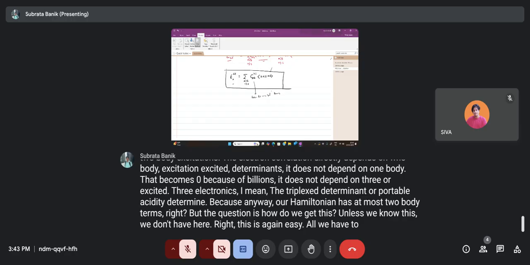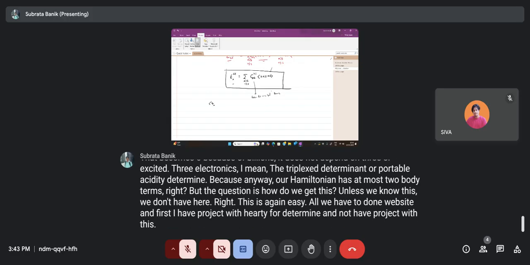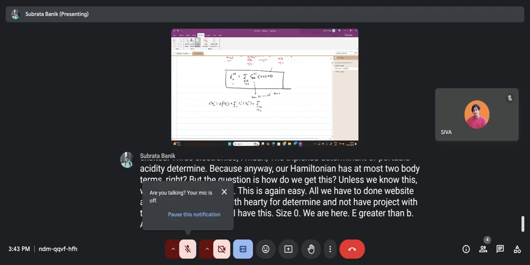All we have to do, first I project with the Hartree-Fock determinant. Now if I project with this, what do I get? On the left side I have psi 0, and on the right the sum over A, R of C_A^R psi of A R, the sum over A greater than B, R greater than S of C_AB^RS.